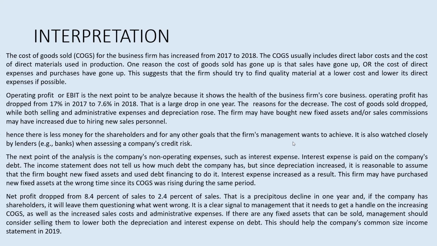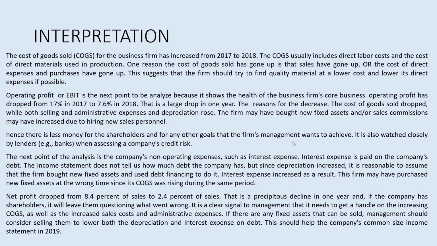So the management has to see it when there is a decrease in the gross profit. So they have to monitor it. But this company's management has not taken necessary action for this one. So you have to suggest they have to keenly monitor it before it goes out of control.